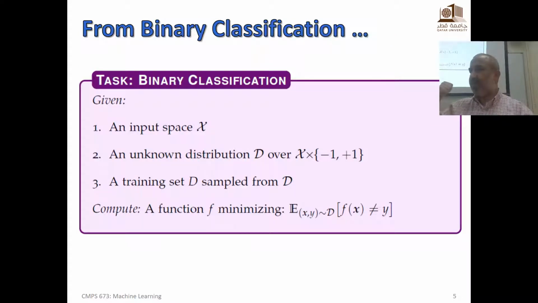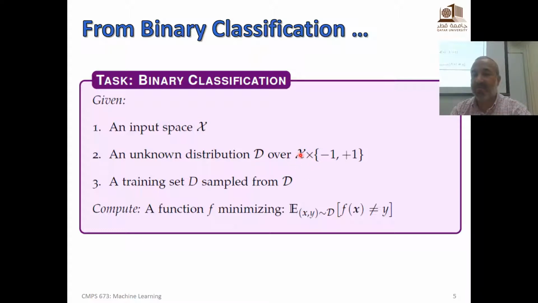I don't remember if you saw this or not, but you saw it before at least. This is the definition of the binary classification problem. So we are still working within the binary classification framework. We assume that we have two classes, but the distribution is imbalanced. Here is the general definition of the binary classification problem. We have the unknown distribution.